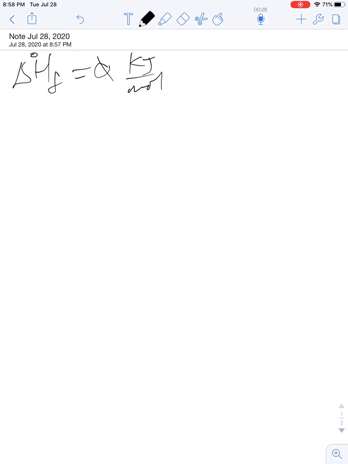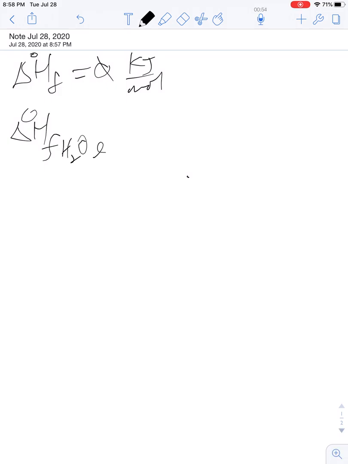So let's just take sugar, and let's take water. Okay, what is the delta H of formation of water? Now we have to specify what phase of water.